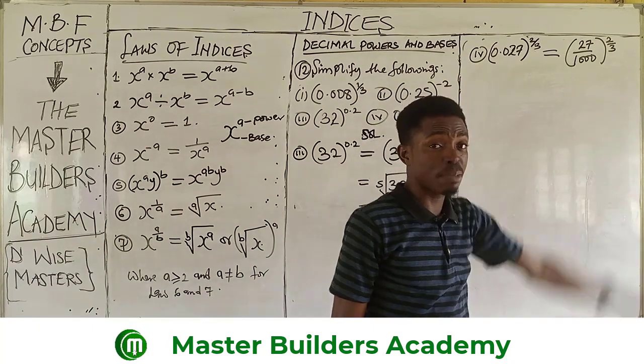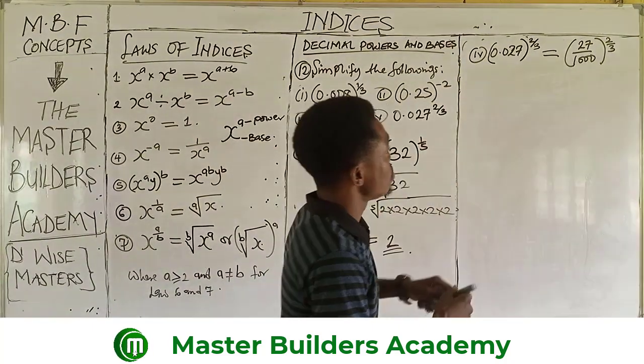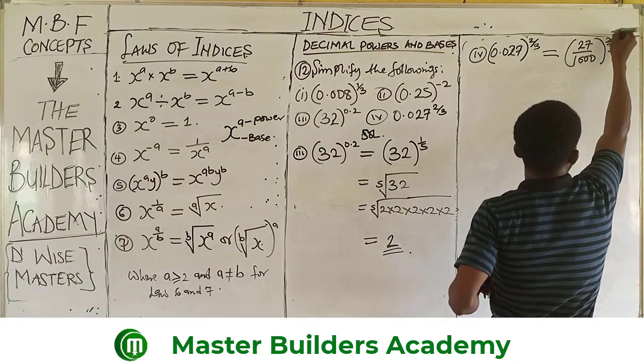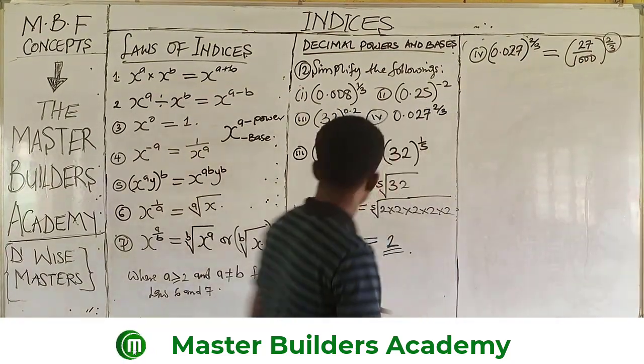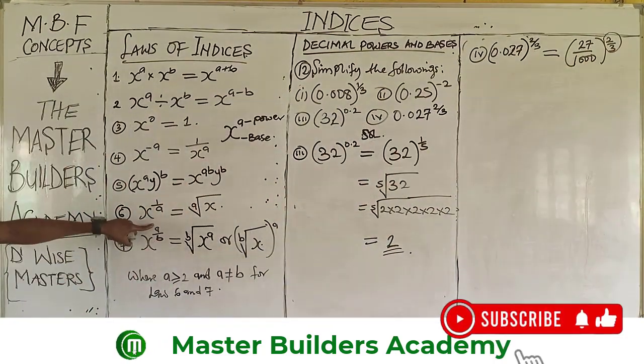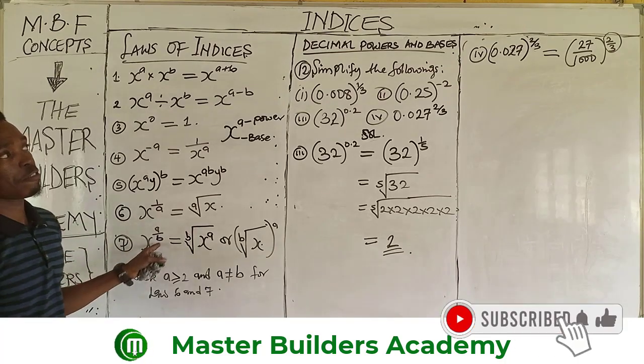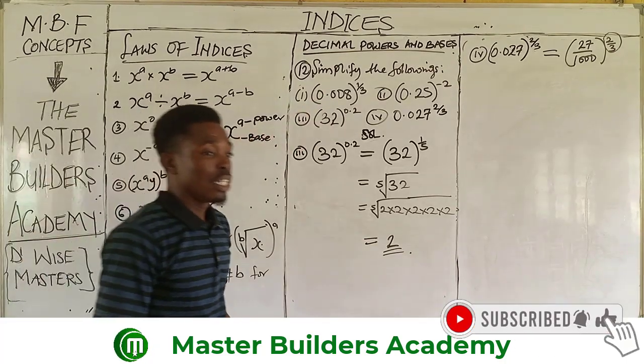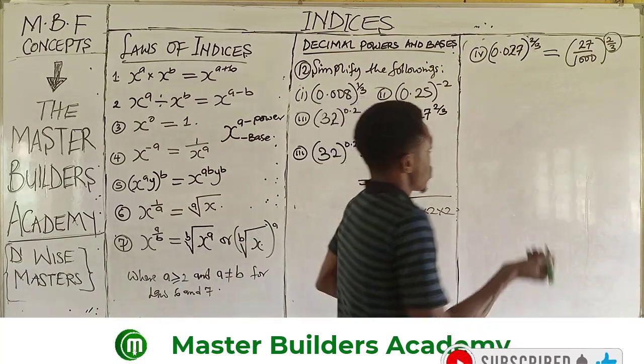Now that we have successfully converted this decimal to a fraction, then we can solve it. Of course, we have solved something like this before now, right? Yes. So what do we do? All we simply do now is to implement law 7. This is law number 7, when you have a numerator and denominator as the power of the base, and the denominator is more than 2, the numerator is more than 1. So let's go.